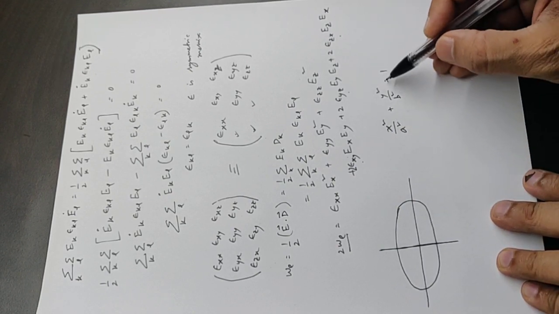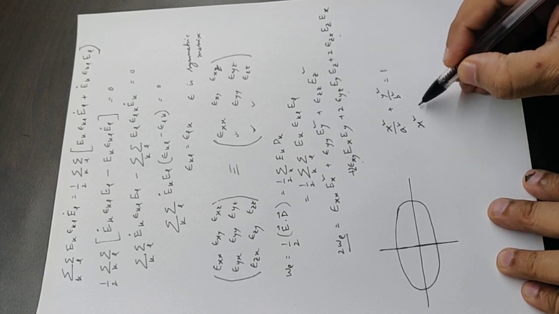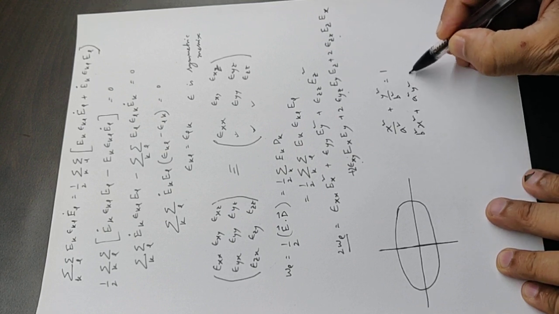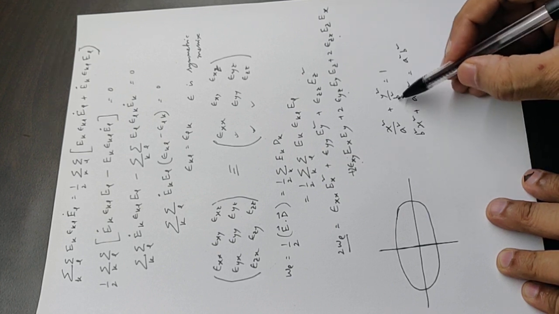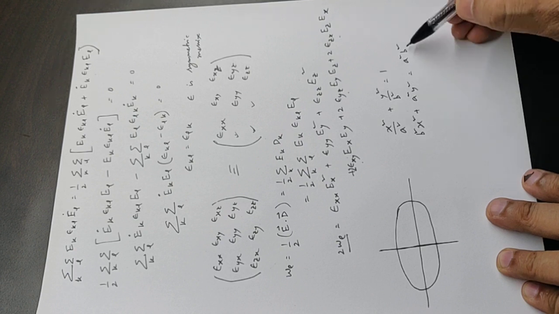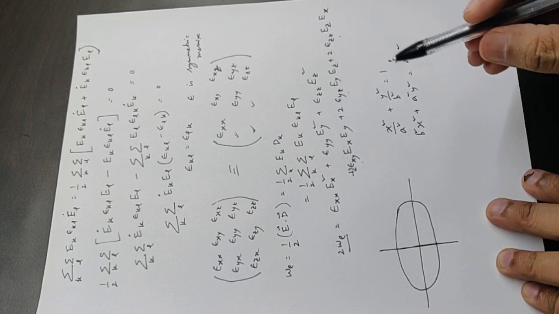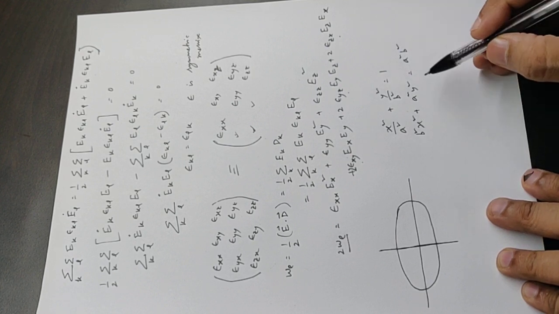So if I write b square x square plus a square y square equal to a square b square, this is an expression in which you have x square, y square, and you don't have xy terms.